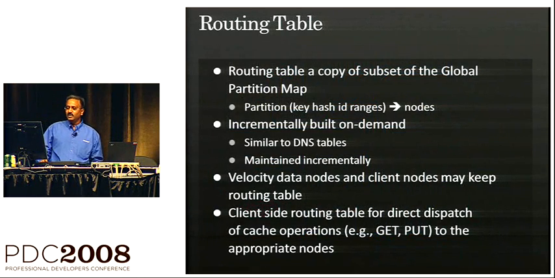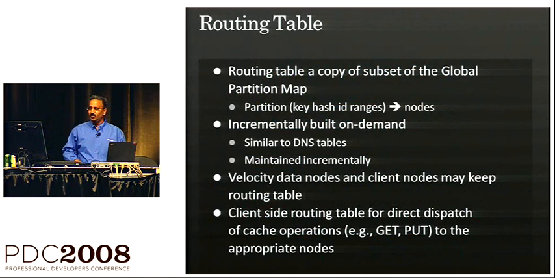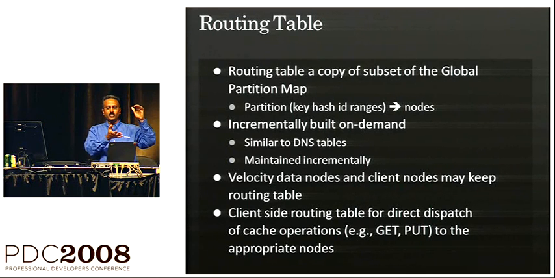Now let's look at the routing table. I mentioned a routing table a couple of times. So what is that? The routing table is a subset of the partition map, which MK talked about. Basically, for all the data items, we take the key and hash it, and then we take the hash IDs and map them into partitions, the key ranges.